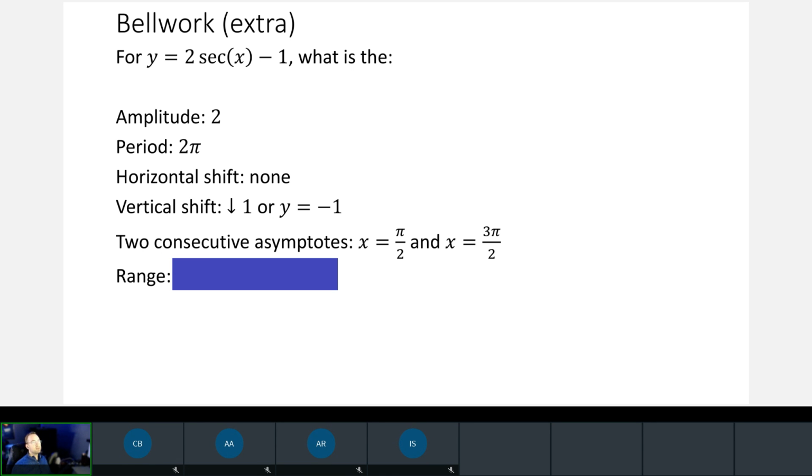Are we supposed to use GeoGebra on the? Yes, I highly encourage you to use GeoGebra. Now, if you want to graph it by hand, knock yourself out. I think it's really good to learn it, but I also want you to be able to use the tools that you have.